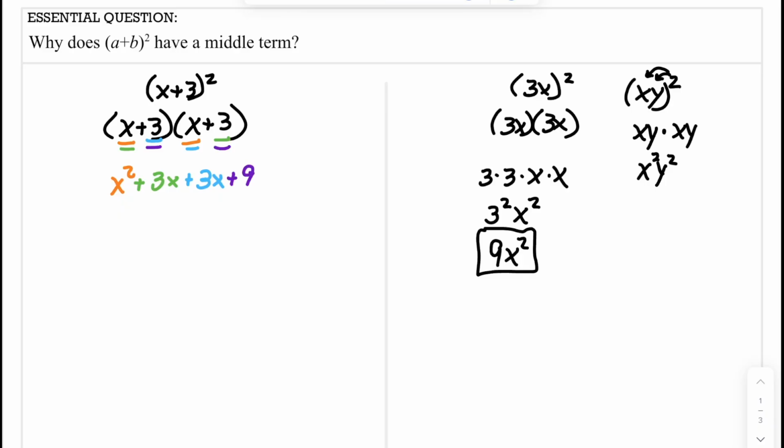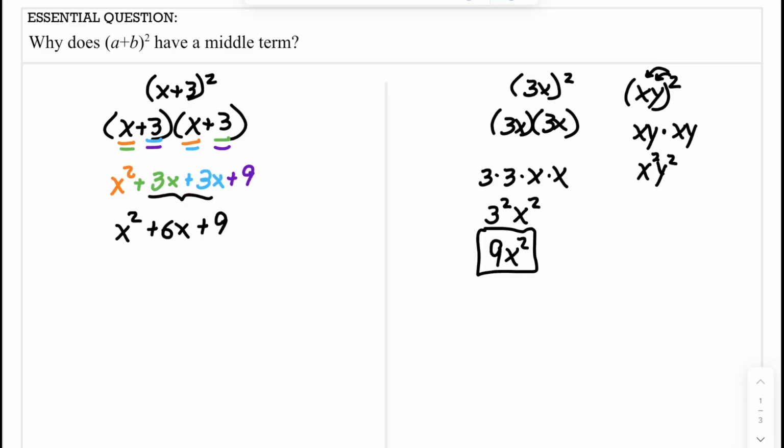When we combine those together, we've got x squared plus 6x plus 9. So we do have the x squared and the 9, but because we're adding in there, we have that extra set of 3x's that get combined together.